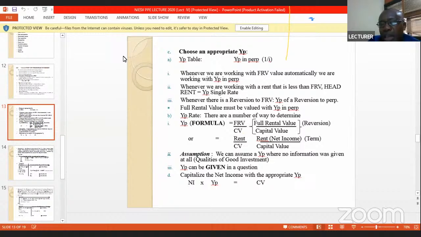The next one is transferability. Can the interest be transferred? Can the investment be transferred?